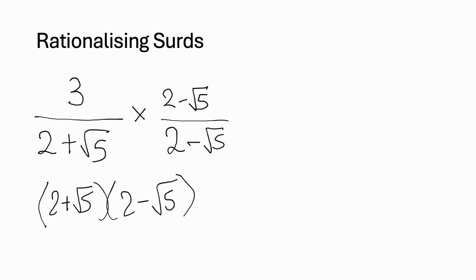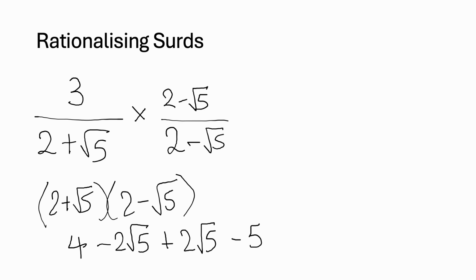If we use our FOIL method, first we would do 2 times 2, which is 4. Outside is 2 times minus root 5, so minus 2 root 5. Inside, root 5 times 2, which is positive 2 root 5. And then last, root 5 times negative root 5, which is minus 5.